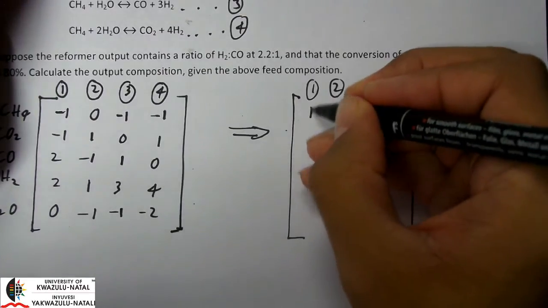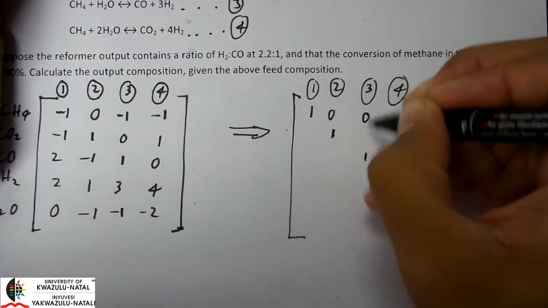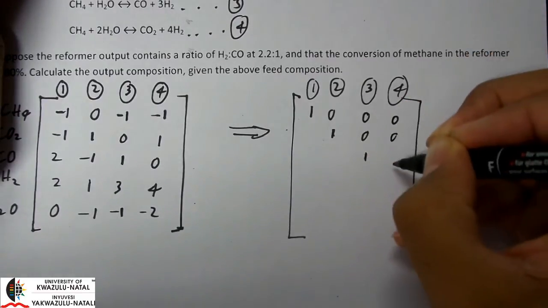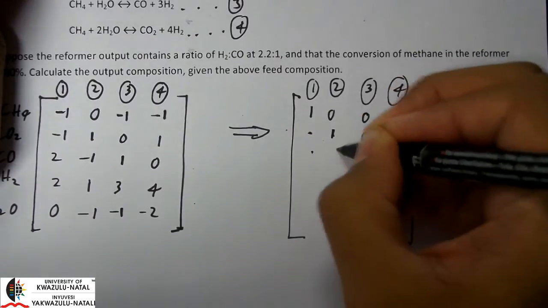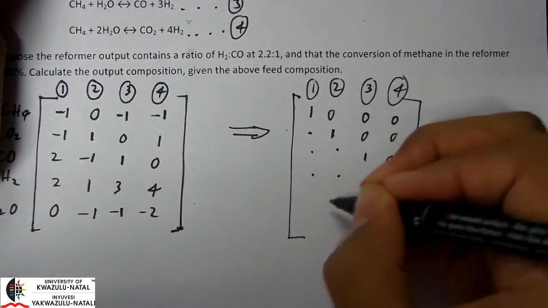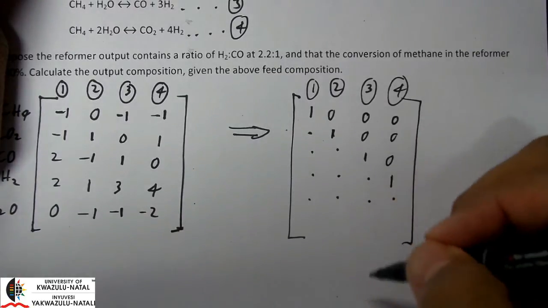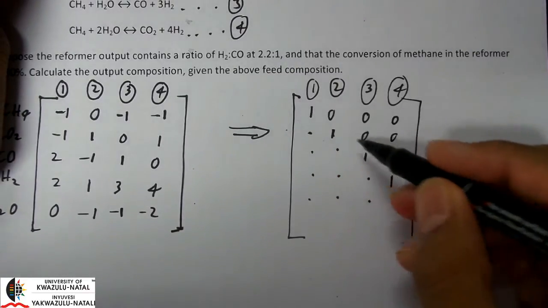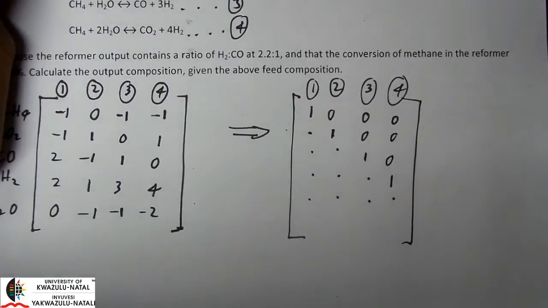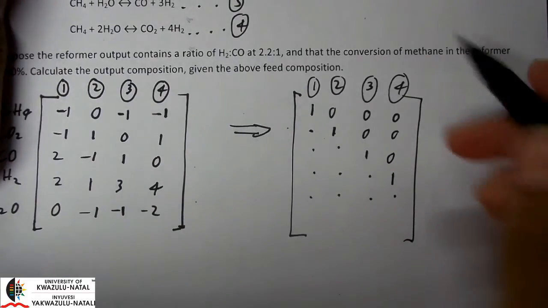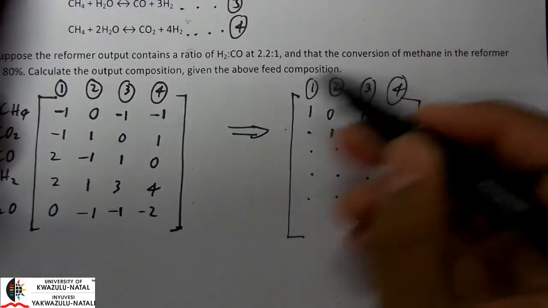We ideally would want our matrix to look like this, right? So we can have any kind of number below the ones, but we must have ones coming across diagonally here and zeros above the ones. So this is what we are aiming for. So let's try and achieve this matrix.